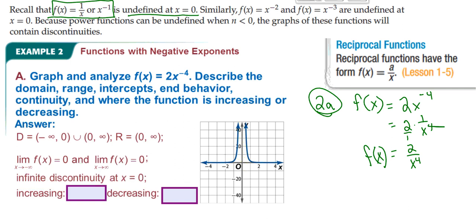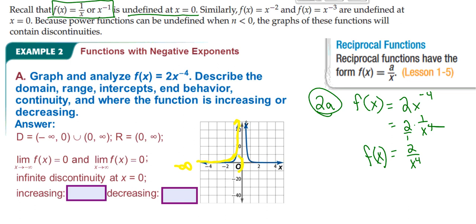And then decreasing and increasing. So if I'm going from negative infinity and I'm going along here, it doesn't seem like it's increasing, but it is getting a little bigger and bigger. And then it's increasing until we get to 0. So from negative infinity to 0, it's increasing.